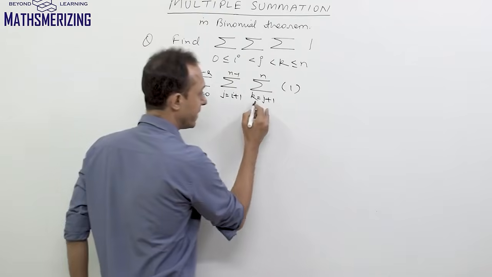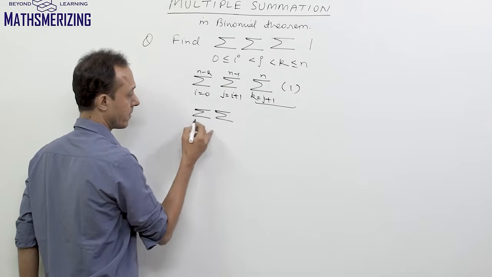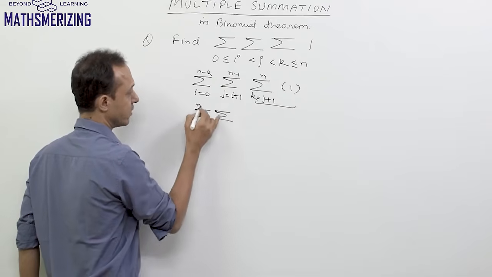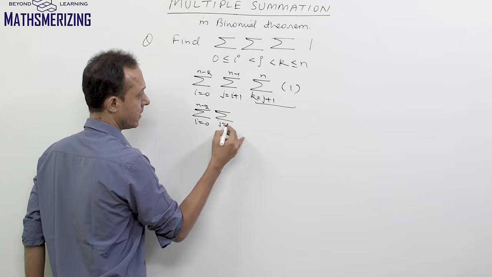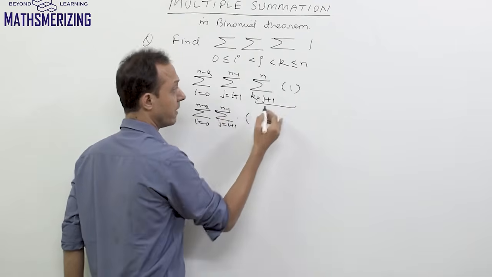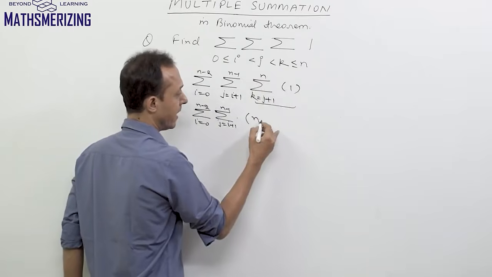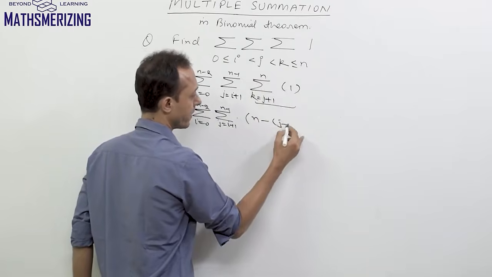Now if I find this summation of 1, I can write it as summation i varies from 0 to n minus 2, j varies from i plus 1 to n minus 1, and here it will be 1 plus 1 plus 1, so the number of summation times, and there will be n minus j.